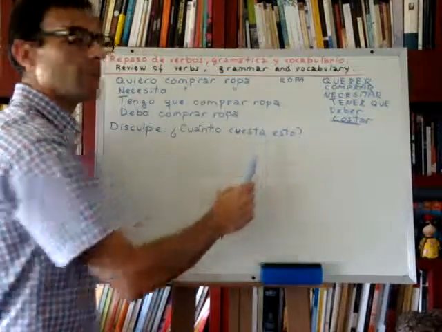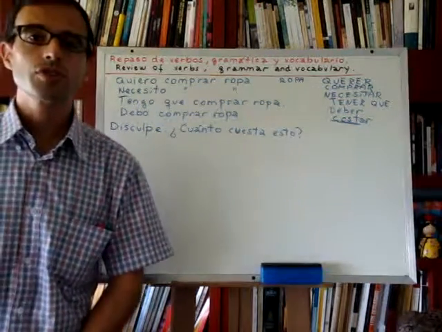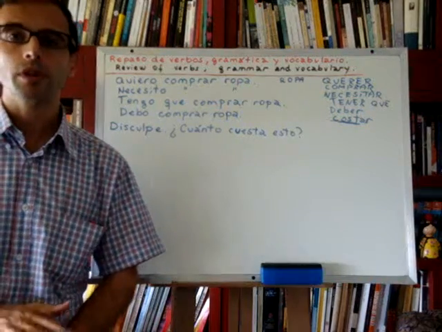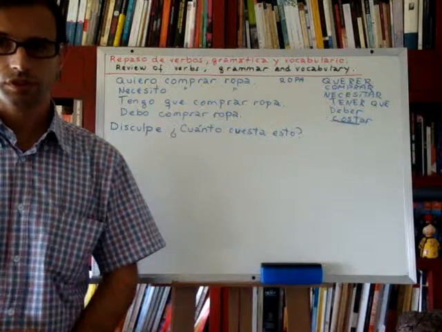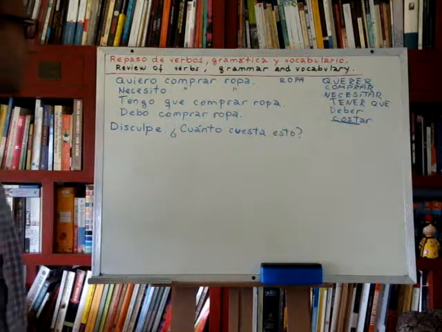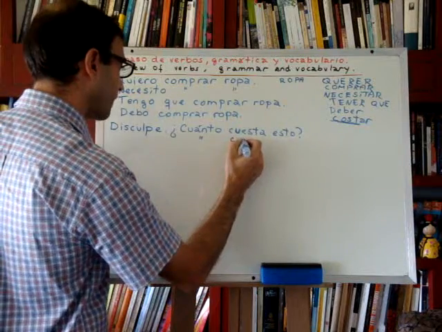Esto means this, right? If we want to say how much do these cost, we are talking about the plural. How much do these cost? We would say, ¿cuánto cuestan?